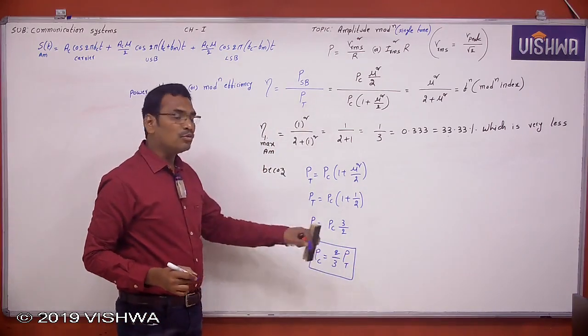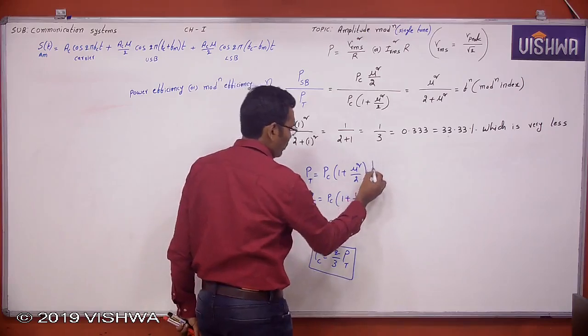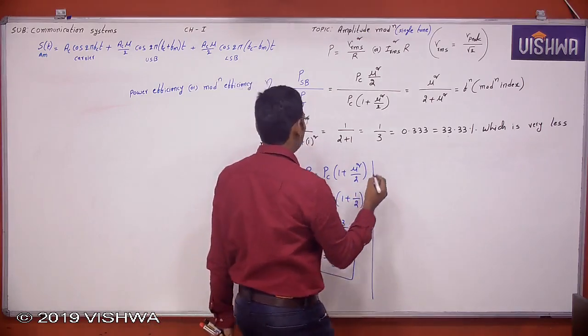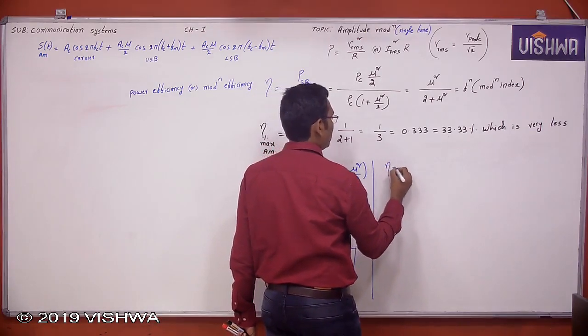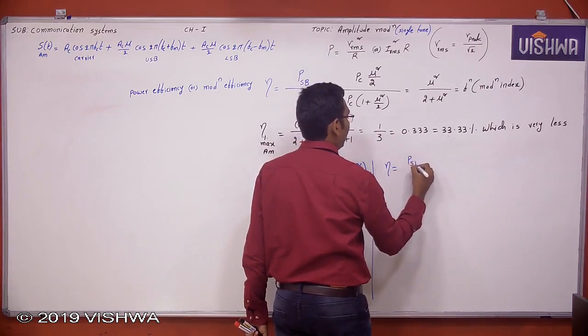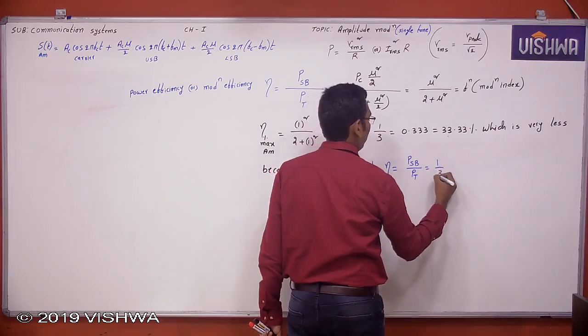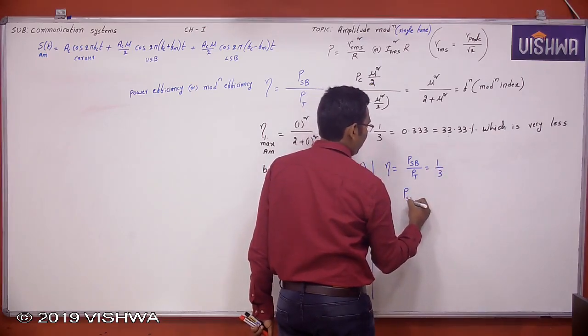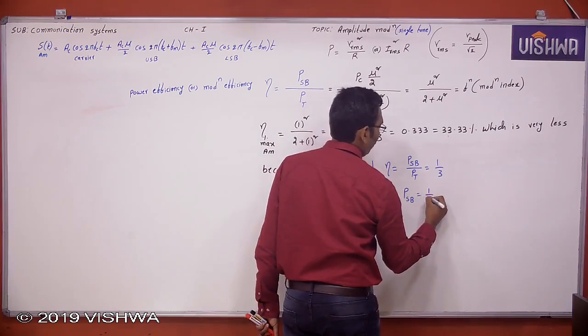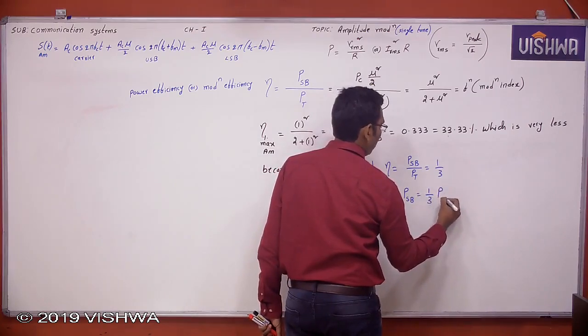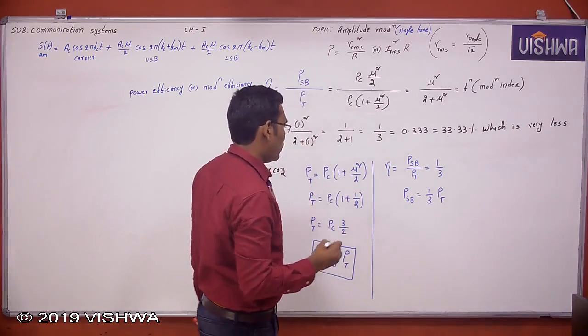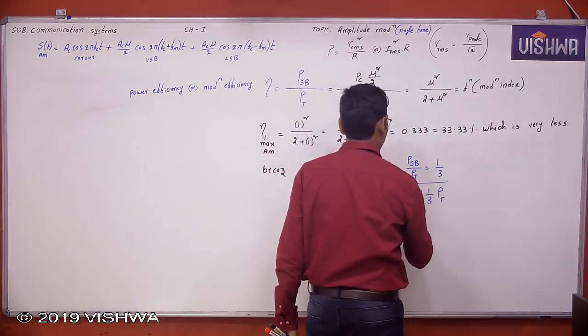Carrier will take 2/3 of the total power. Now, what about the remaining power? Here efficiency equals sideband power by total power, which is 1 by 3. Therefore, the sideband power is 1/3 of the total power.